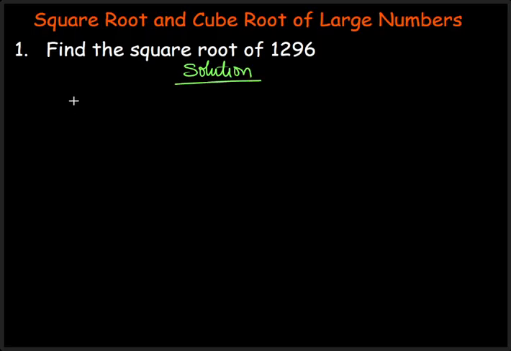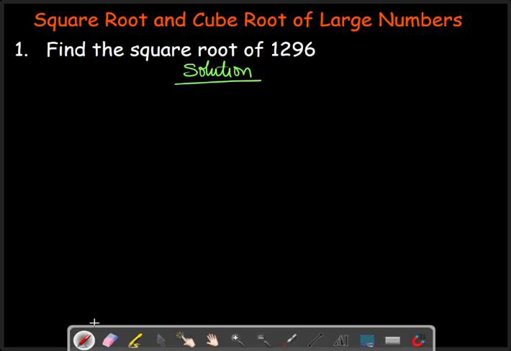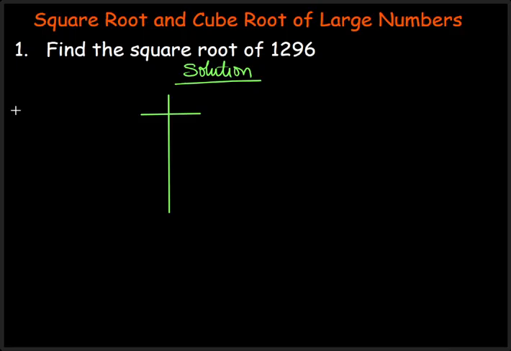We take one under square root and take one under cube root. So let's see. Find the square root of 1296.